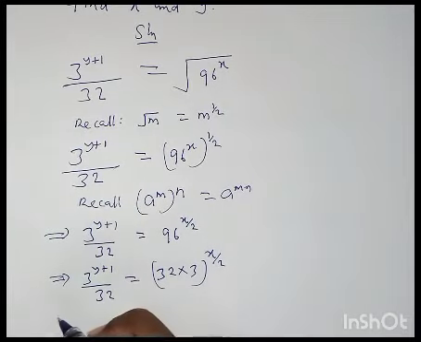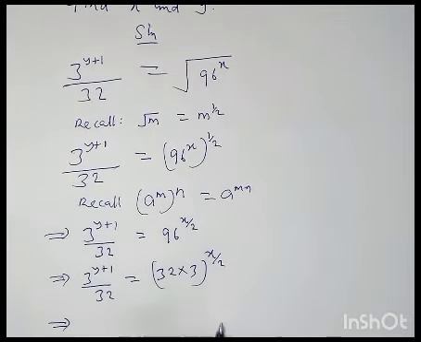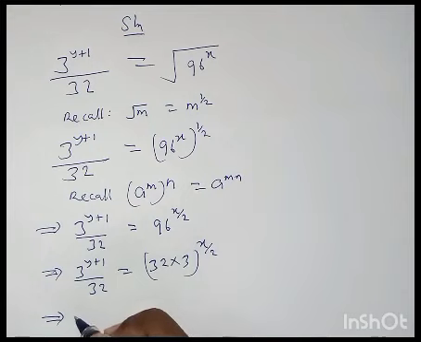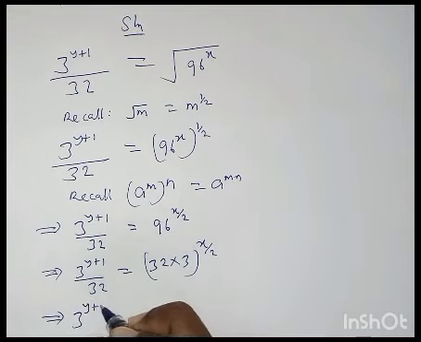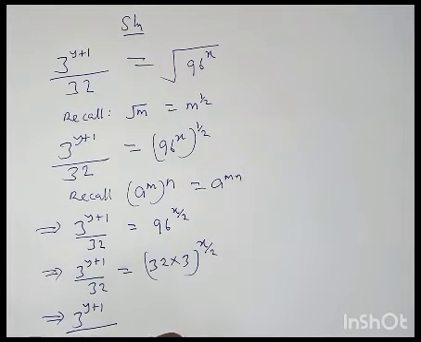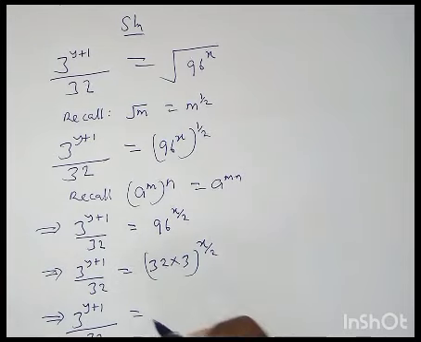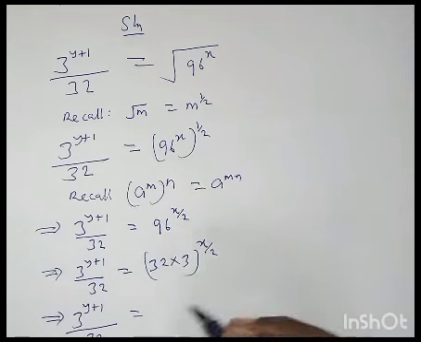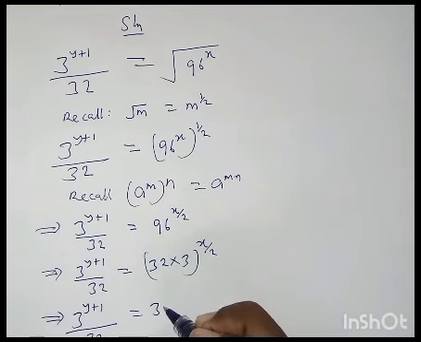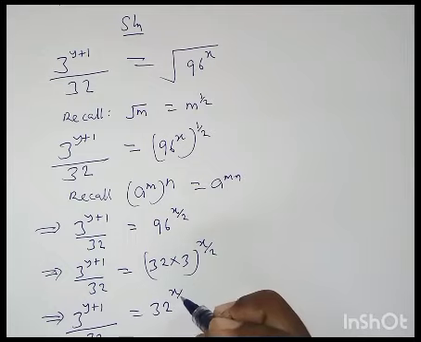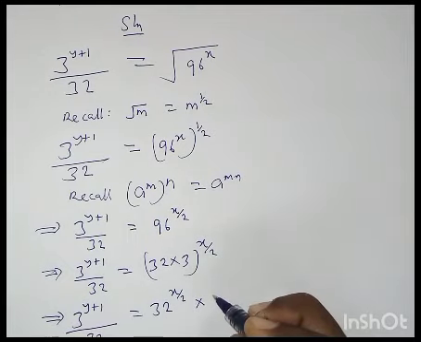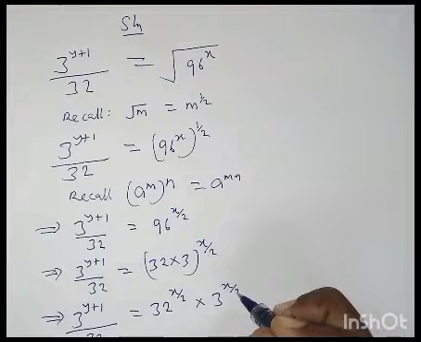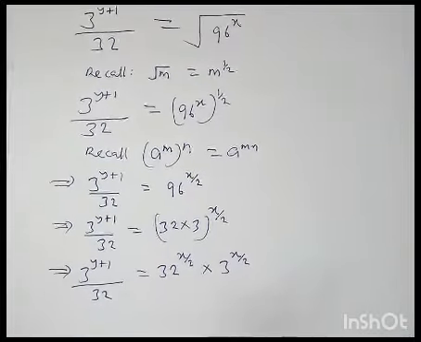Now from there, 3^(y+1) over 32 equals this power, and we distribute it for both 32 and 3. So we have 32^(x/2) times 3^(x/2).